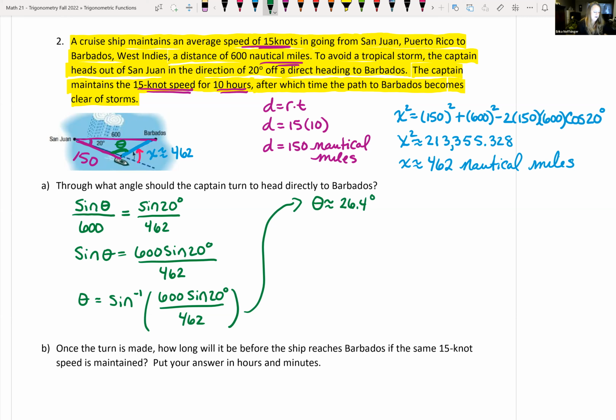So the bearing, and they need to turn. We need that 180 degrees minus the angle we just found, 26.4 degrees.